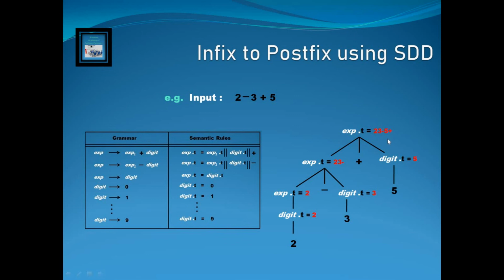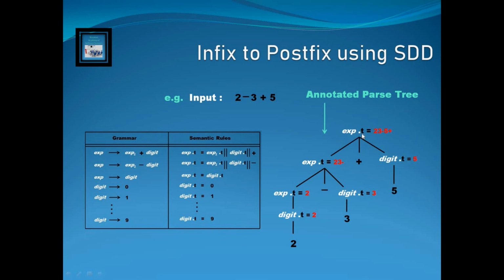So 2 3 minus 5 plus will be the main expression's postfix form. Our answer is that the postfix expression for this infix expression is 2 3 minus 5 plus.